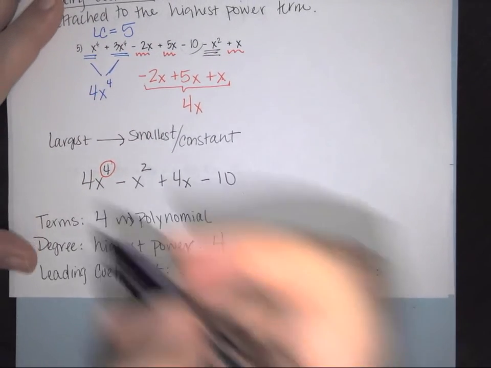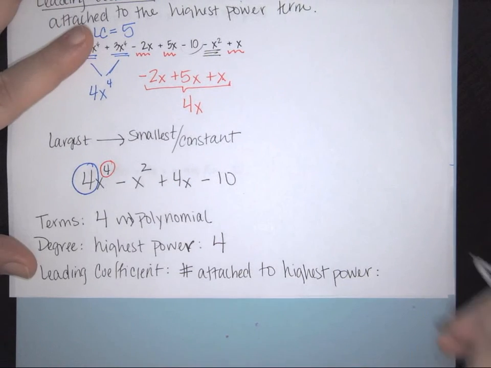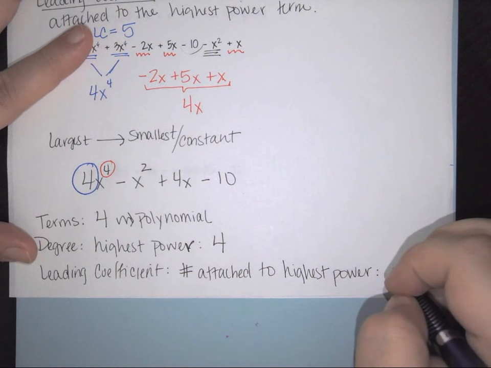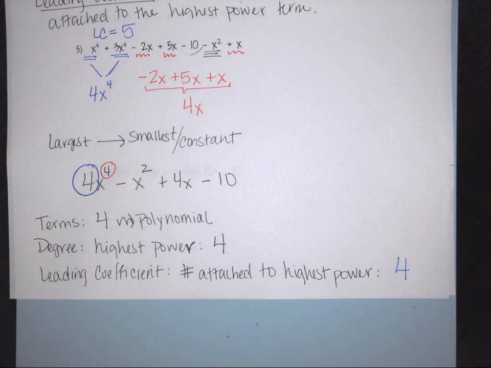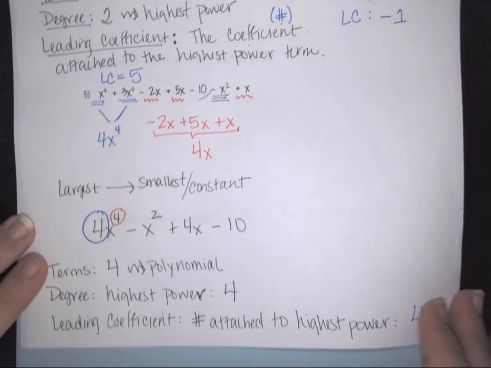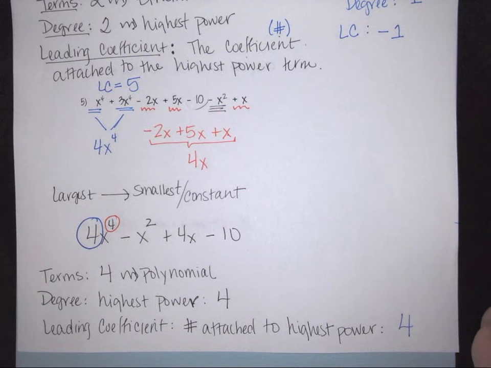So that means we're talking about this number right out here, and thus my leading coefficient would be a 4. Okay, so that is, again, being able to identify and break apart the polynomials that you have been given.